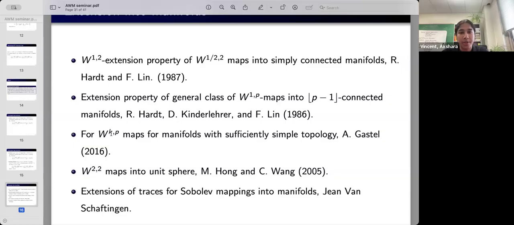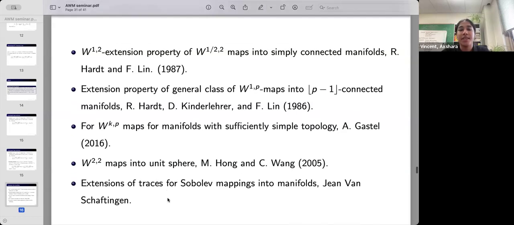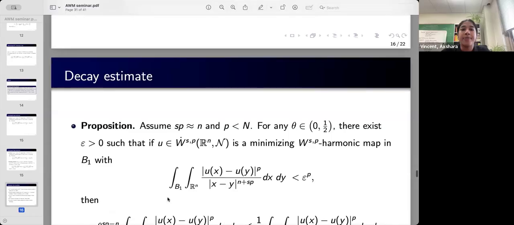Here k is greater than or equal to 1, not our case, which is W^{s,p}. There are works on W^{2,2} maps into the unit sphere and also extension. And there are many results about the extension of traces for Sobolev mappings into manifolds by Van Schaftingen. Unfortunately, we didn't have a result on the extension of W^{s,p} maps, which we had to work on.